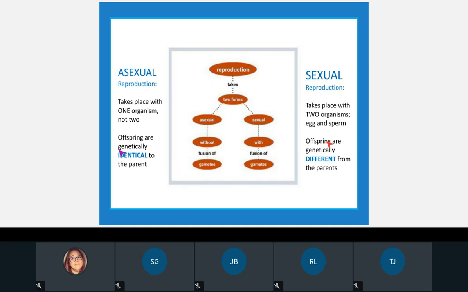So, asexual reproduction is reproduction that you do by yourself, and when you reproduce by yourself, you get an exact clone, an exact copy of yourself. Okay? So what I want you to remember about today, everybody type this in the chat: asexual reproduction equals clone.